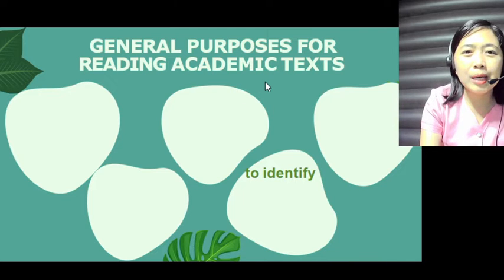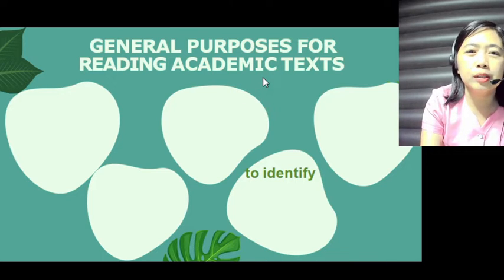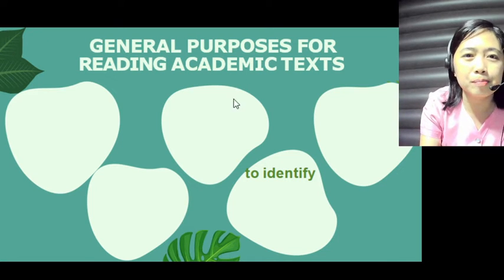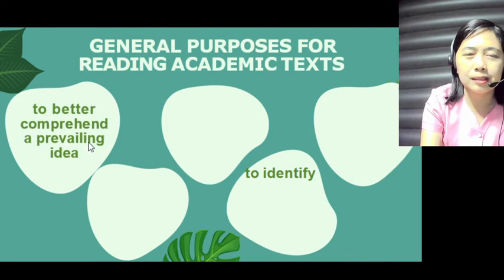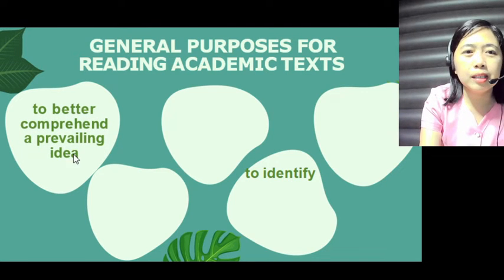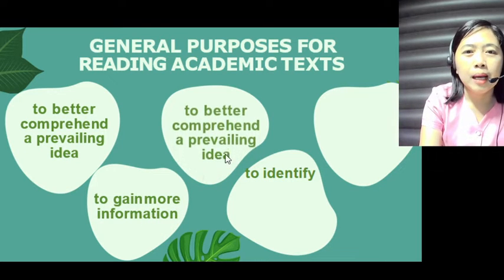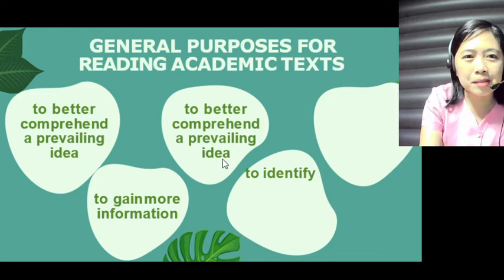Okay. So we have general purposes for reading academic text. Okay, wala na ko na-edit. Actually, there are many, and then they are just condensed into these 5 major purposes when you read academic text. Okay, it is to better comprehend a prevailing idea, to gain more information, to better, yes, it's just the same.